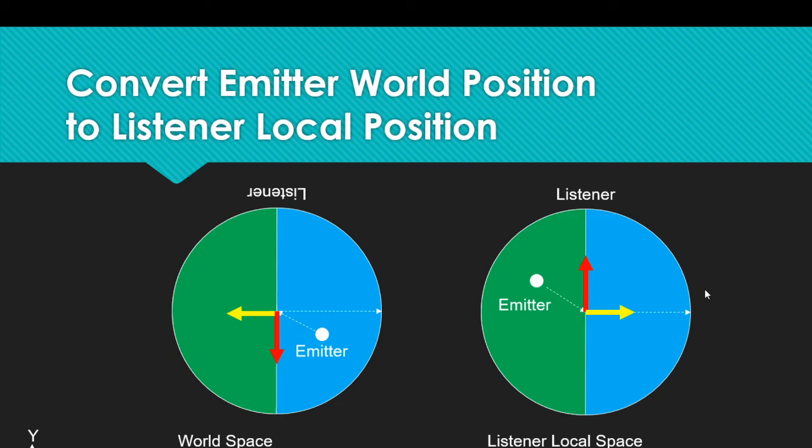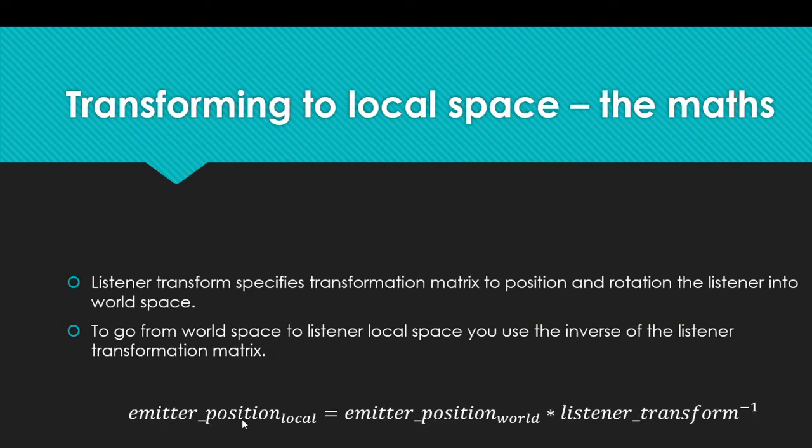If we want to reset it to here, we need to take the inverse of the transform that took it to here. So the inverse of the transform will reset the listener back to the origin, and if we also multiply the emitter's world space by that inverse transform, then that emitter will be orientated correctly relative to the listener. And that's what you're seeing here. Yeah, the local position for the emitter is the world position for the emitter times the inverse transform of the listener.